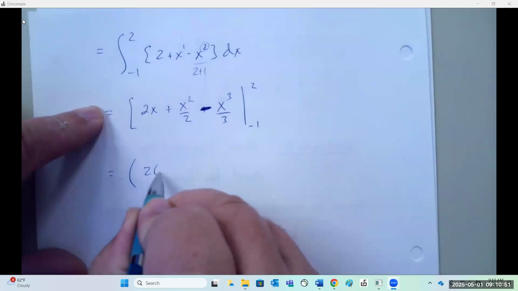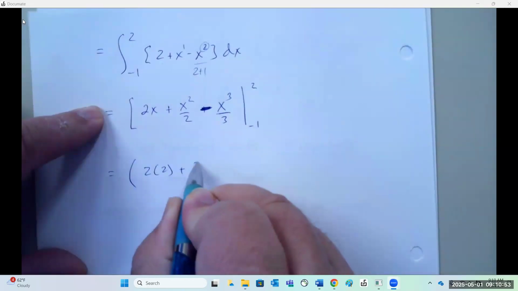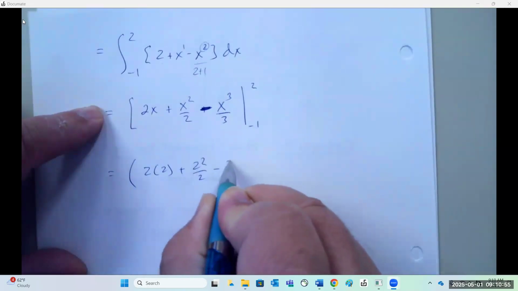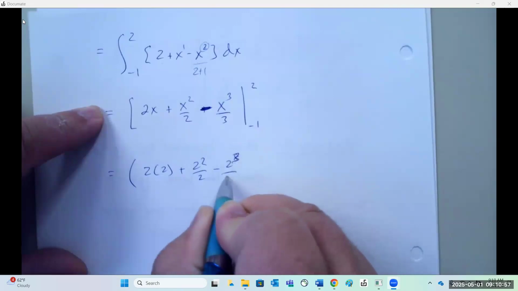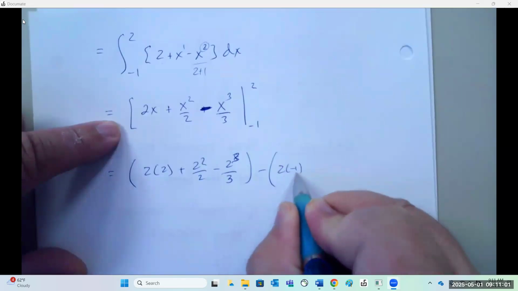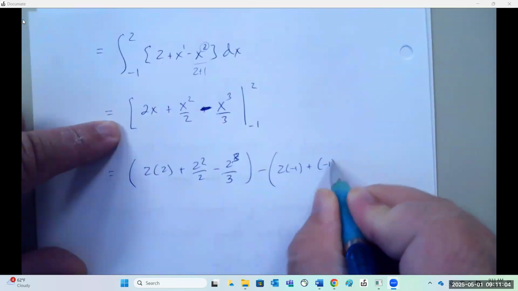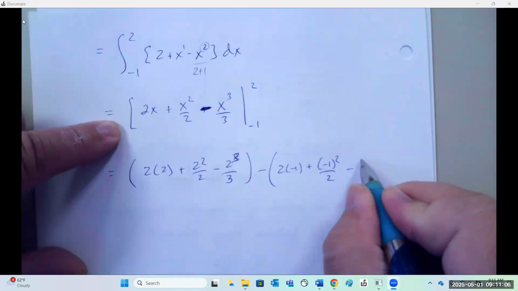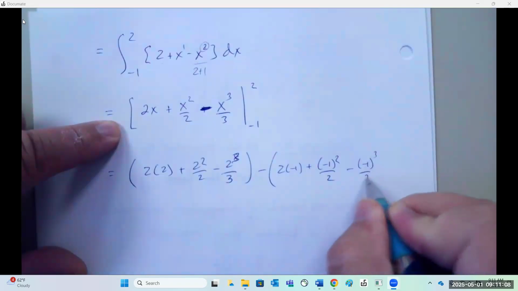So I do the top number first. 2 squared over 2, 2 cubed over 3. Minus 2 times -1, -1 squared over 2, -1 cubed over 3.